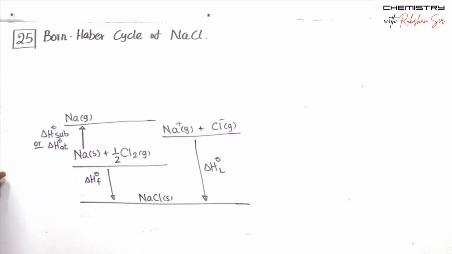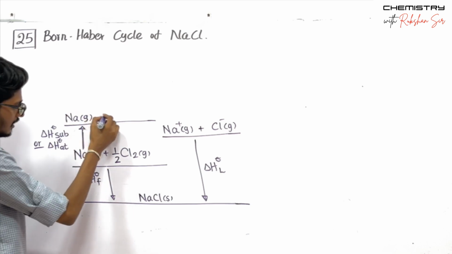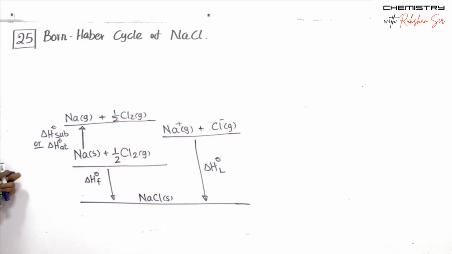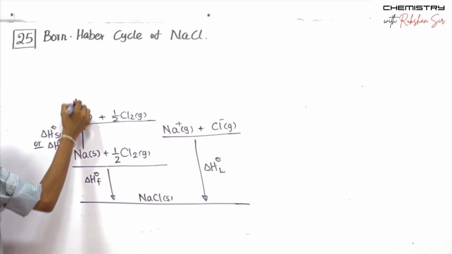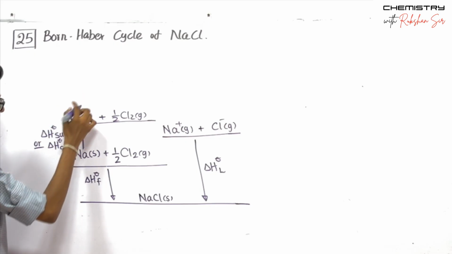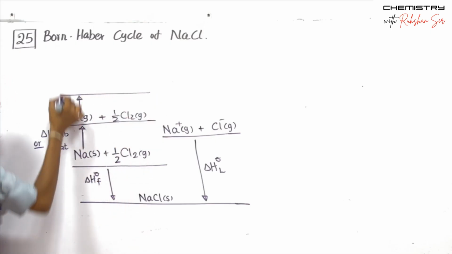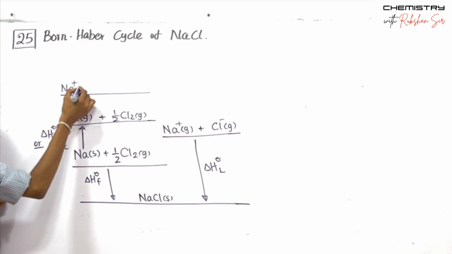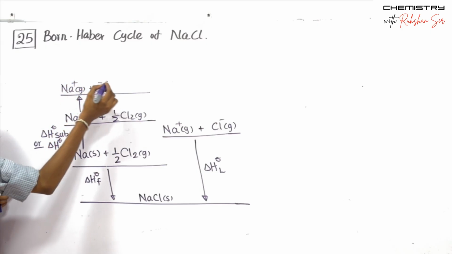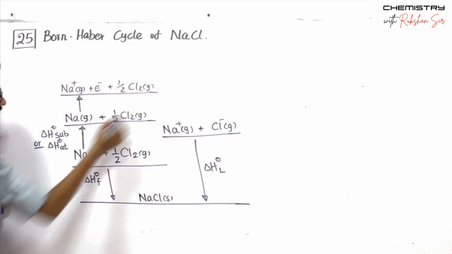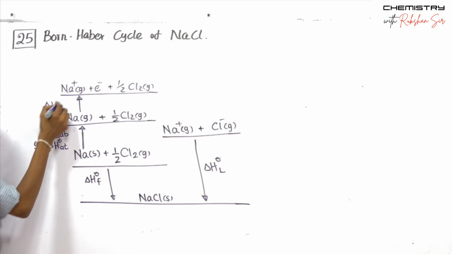Reference form converted into monoatomic gaseous form, right? And half of Cl2 still appears. Now you can convert this to the Na plus gas by applying the first ionization enthalpy. Half of Cl2 gas still appears. This is the first ionization enthalpy.